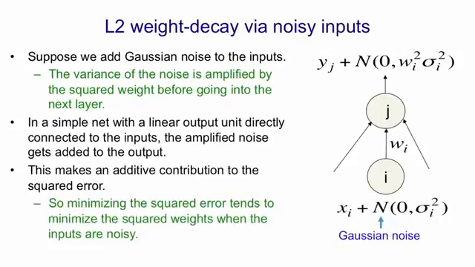So when we minimize the total squared error, we'll minimize the squared error that would come out if it was a noise-free system, and in addition we'll be minimizing that second term. That is, we'll be minimizing the expected squared value of that second term, and the expected squared value is just wi squared sigma i squared, so that corresponds to an L2 penalty on wi with a penalty strength of sigma i squared.